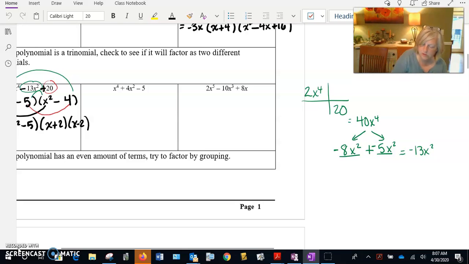Now you take these two items here and you're going to fill them into the alternate areas in your box. So negative 8x squared and negative 5x squared. And then what you basically are going to do is get the GCF of each row and column. So in the first row, I can pull out an x squared.